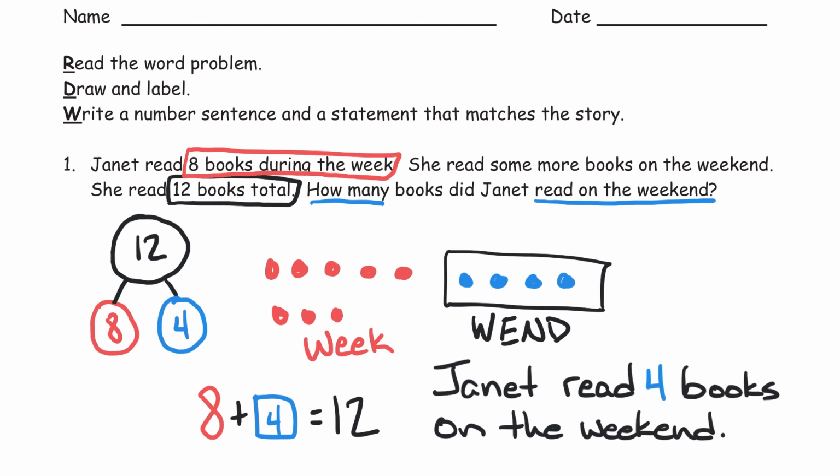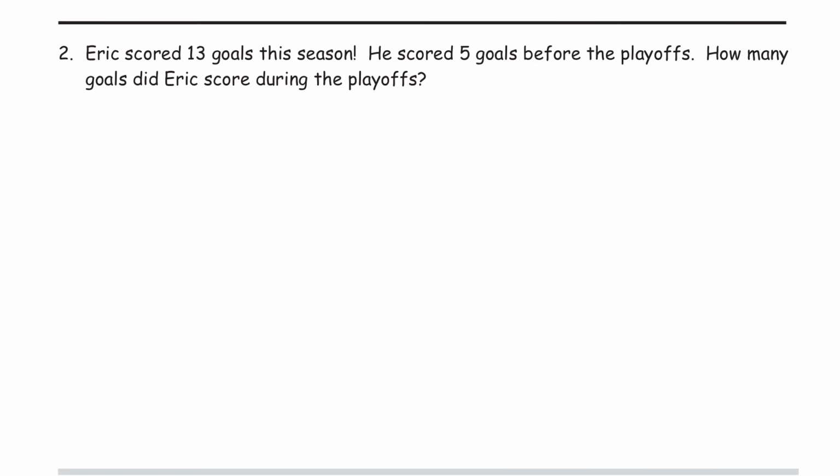And again, pause the video like always if you need to catch up to this. So we should all have drawn out then our model of the problem, our number bond, our number sentence, and our actual sentence where we write out the answer. Pause the video to catch up to where we're at and then press play and we'll go on to number 2. Welcome back, boys and girls.